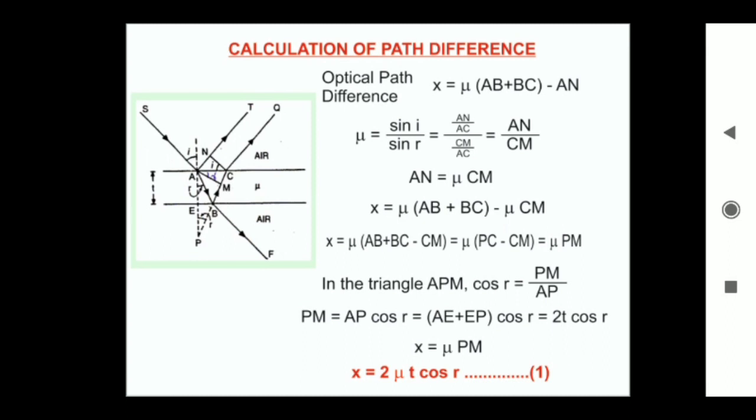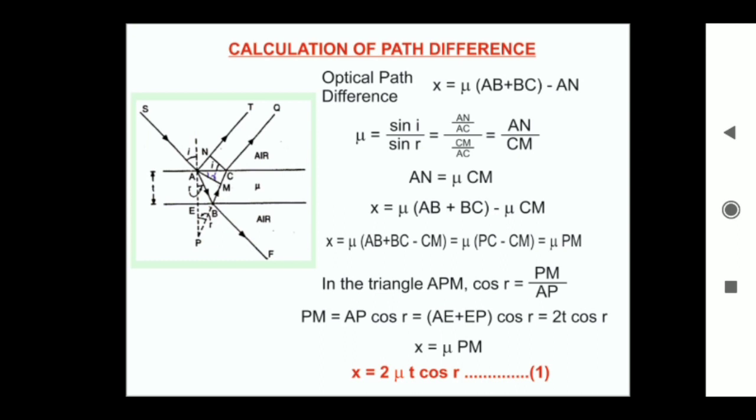The optical path difference between the two waves is given by x is equal to mu into (AB plus BC) minus AN, and in the triangle ANC, sin i is equal to AN by AC, and in the triangle AMC, sin r is equal to CM by AC. And from Snell's law, we know that mu is equal to sin i by sin r.